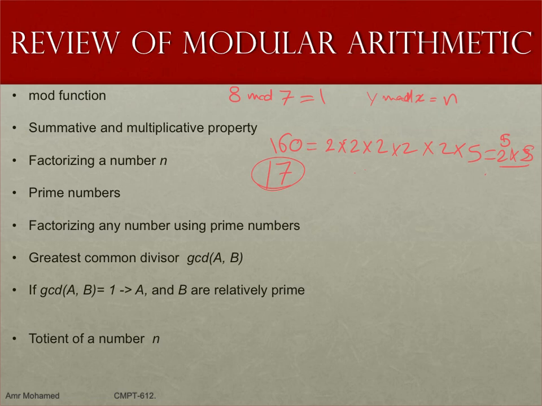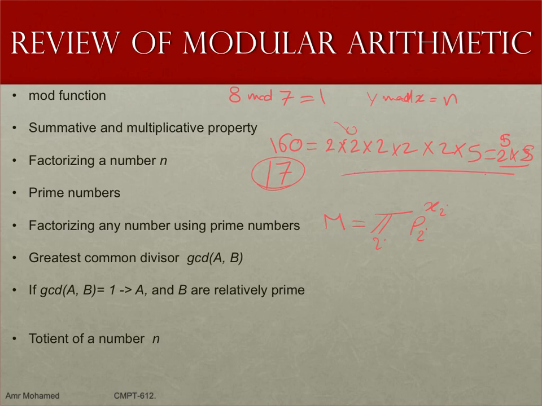The situation is simple so far. Factorizing any number can be done using the prime numbers. This is in fact what we have done here. If you look at any of these numbers, all of these are prime numbers. So there is a simple theorem that says that any number m can be factorized using prime numbers to some powers.